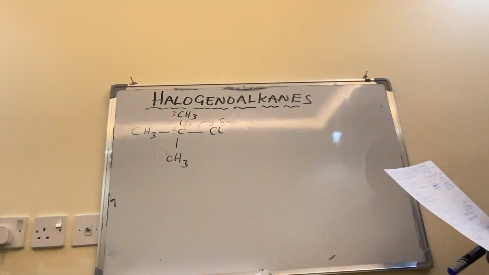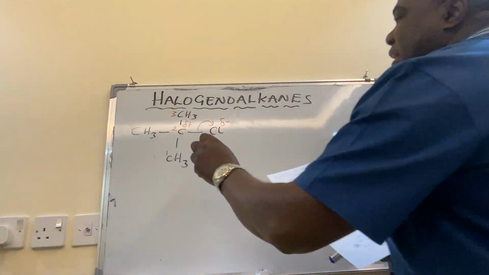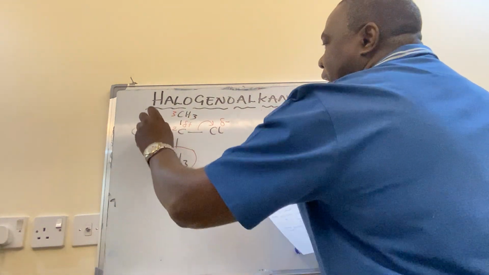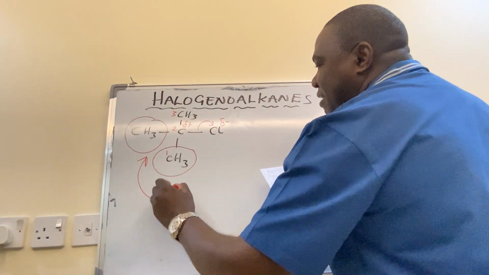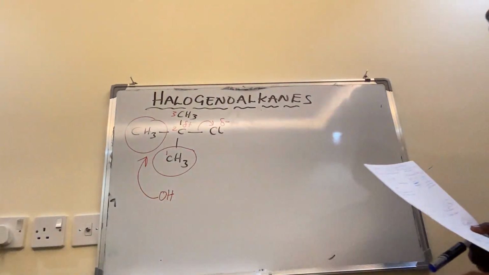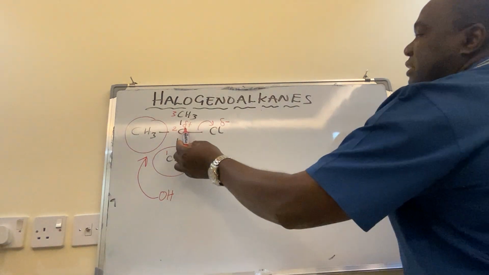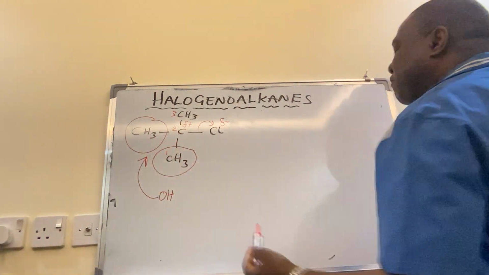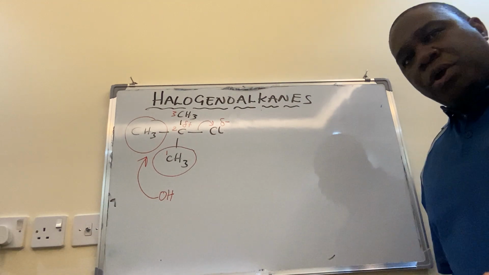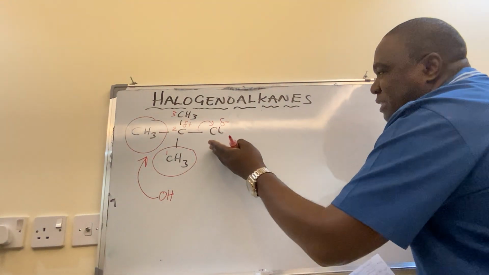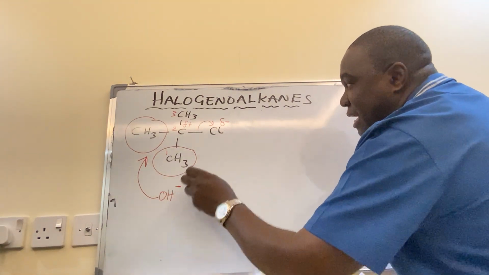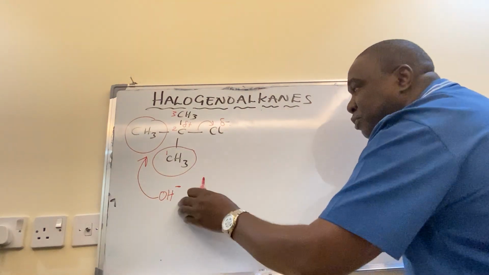But there's a problem. We have bulky groups. These groups are too large. So if the hydroxyl tries to attack from there, it will be prevented from reaching the carbon center because of the bulkiness of the methyl group. In chemistry, we call that steric hindrance. So from this side, not possible because this one is negatively charged, that is negatively charged, there's bound to be repulsion.